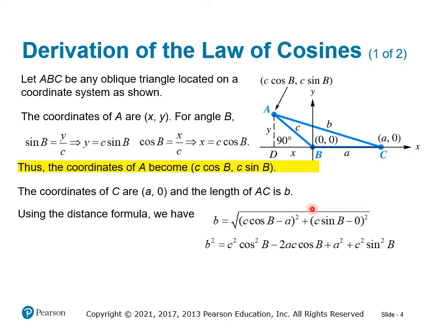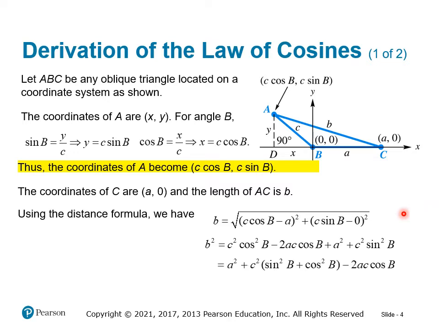Okay, plugging in the values, we get x2 minus x1 squared, y2 minus y1 squared, and then we take the square root of that sum. Okay.